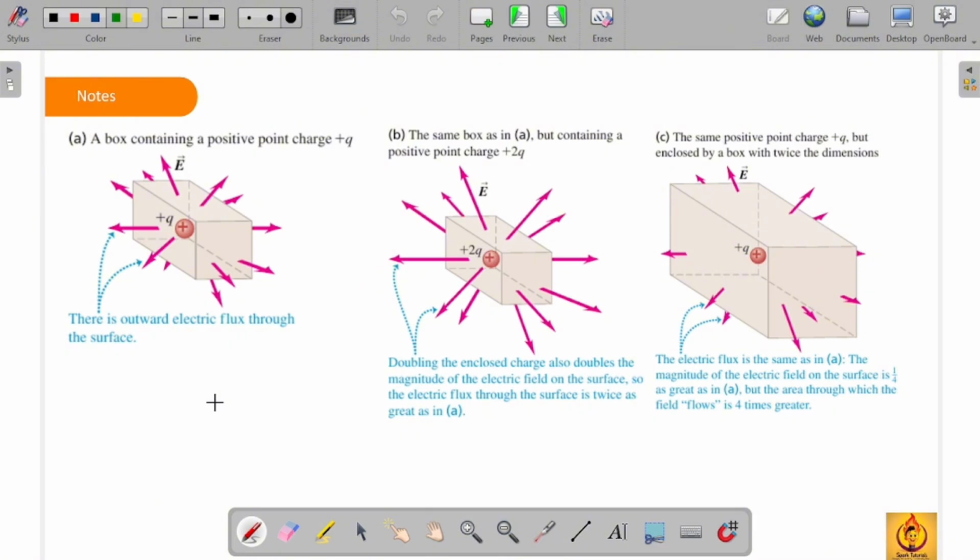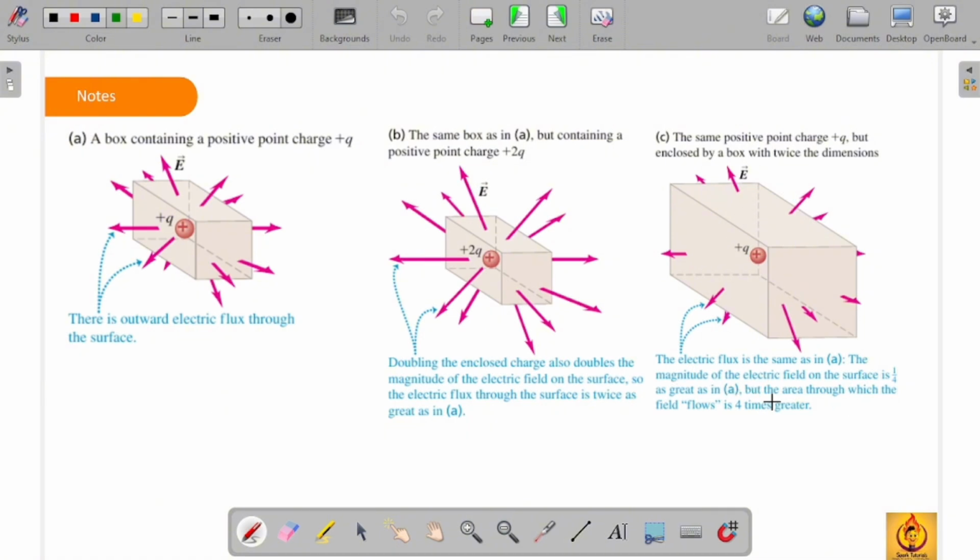Just because the bottle is larger doesn't mean there will be more water or more drink coming out. The drink doesn't change, the charge doesn't change. So the charge is the one that dictates how much electric flux comes out.